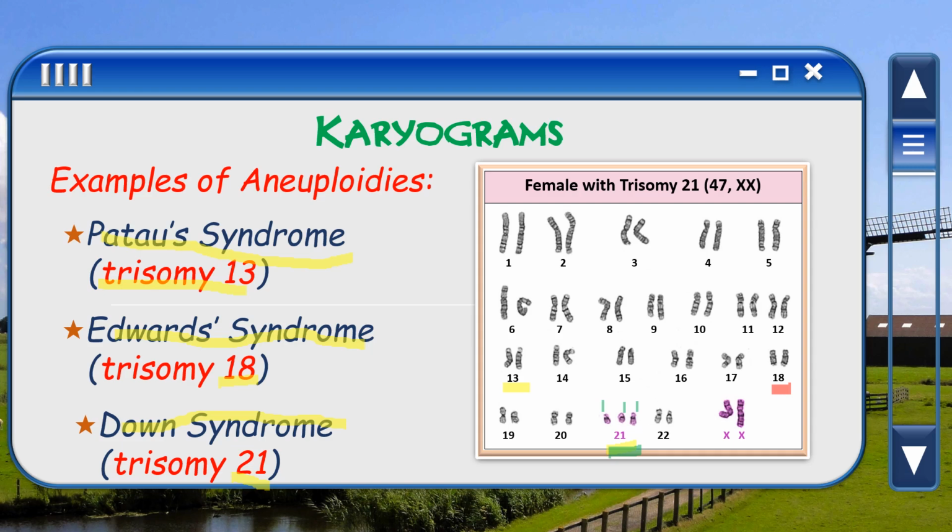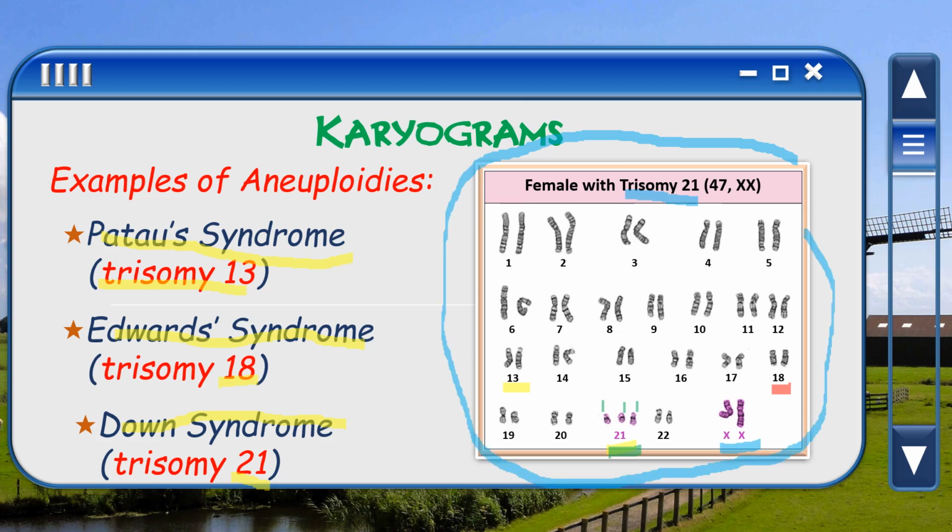When you look at the sex chromosomes here, you will see that this is XX, so this is a female, but she has trisomy at chromosome 21. The total number of chromosomes this individual has is 47, but the normal number is supposed to be 46.